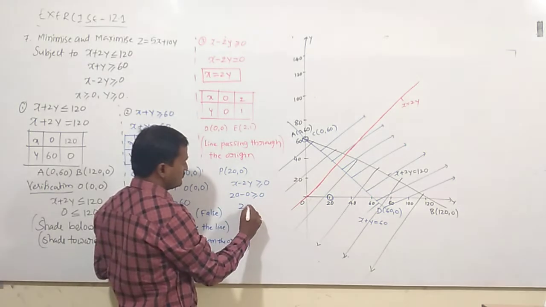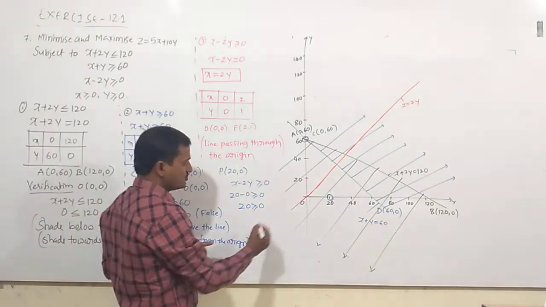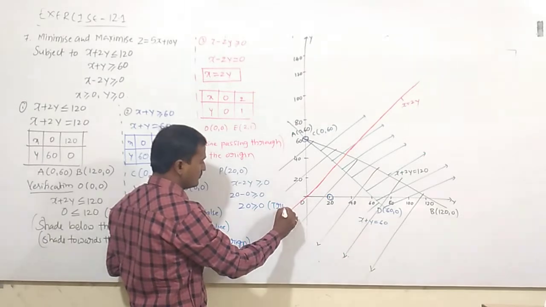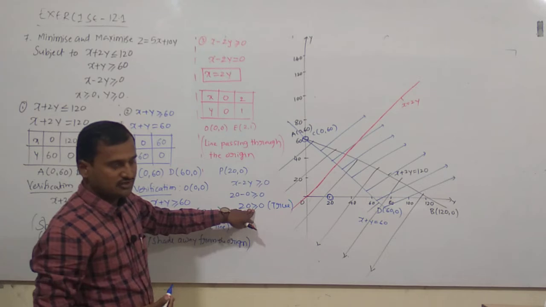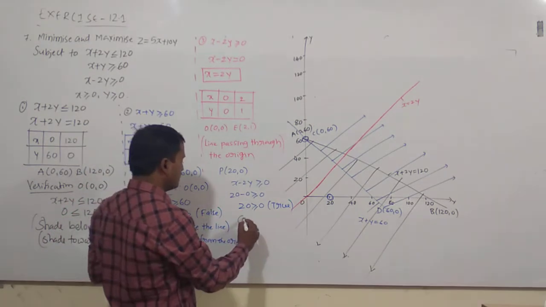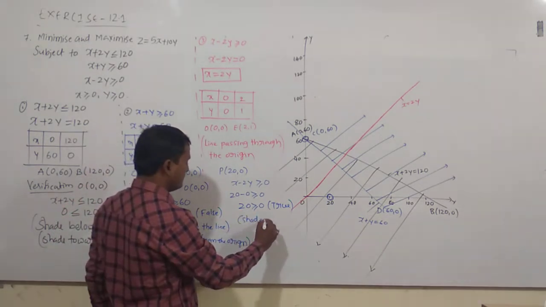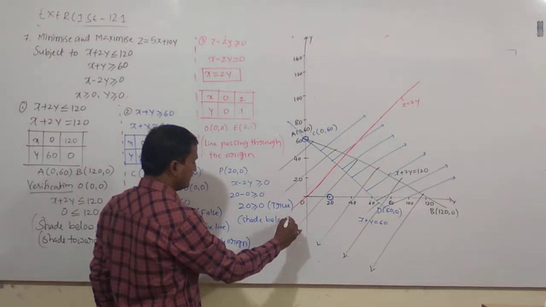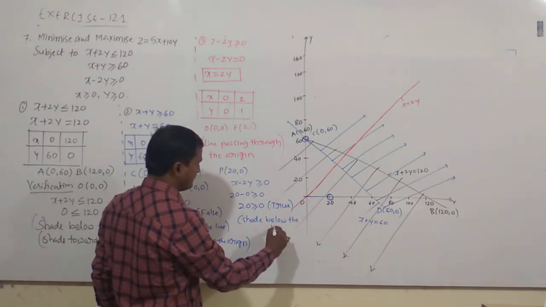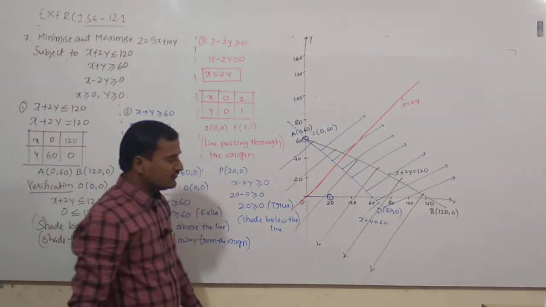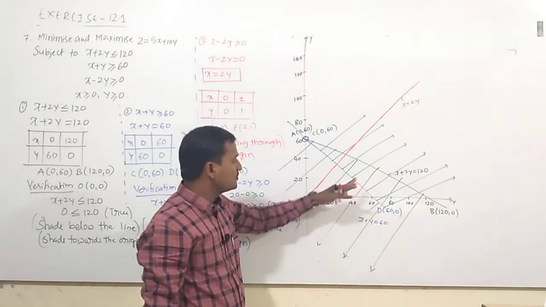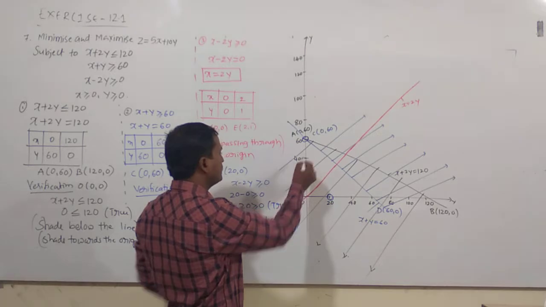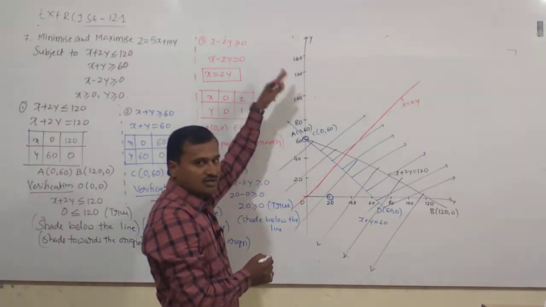So clearly it is 20, and 20 is more than or equal to 0. Clearly it is true. If it is true, you have to shade below the line. Similarly, check this other point, which lies above this line.